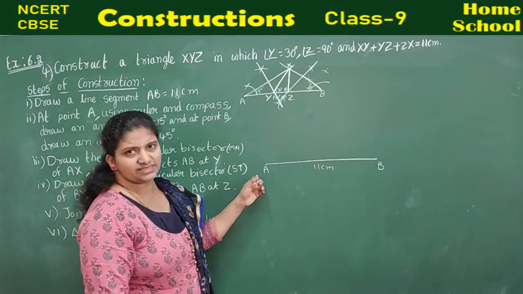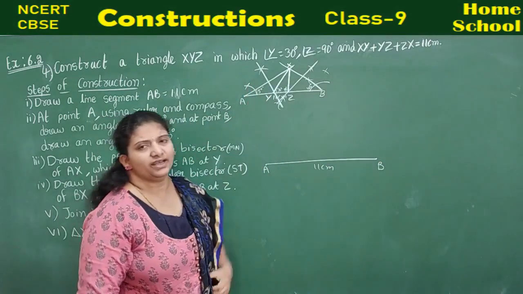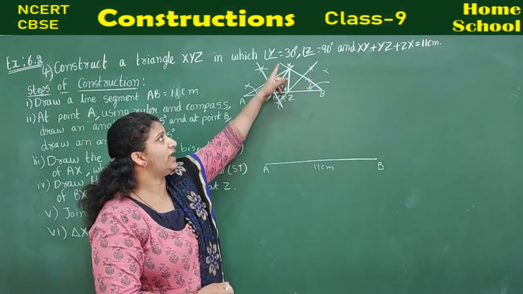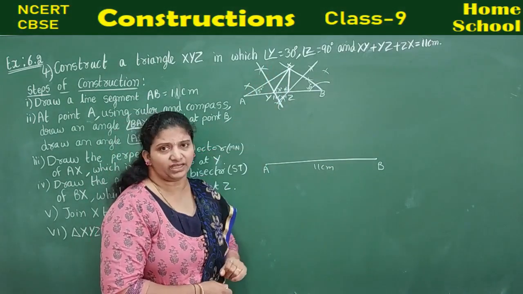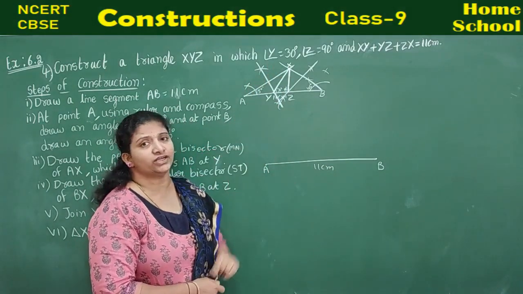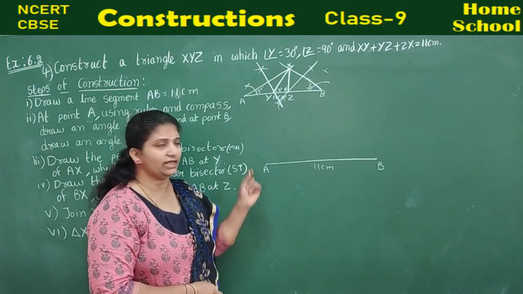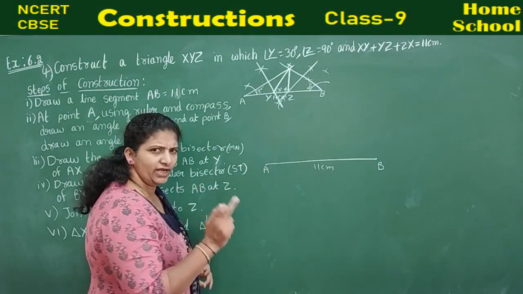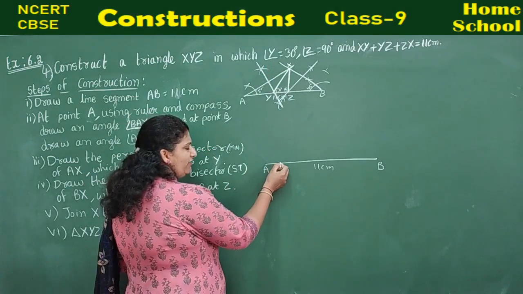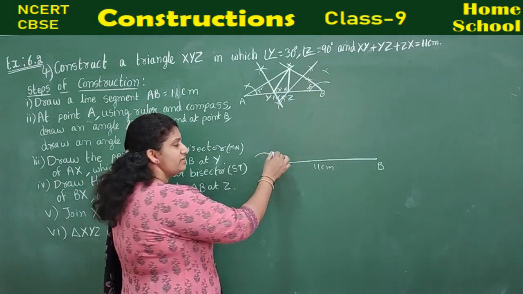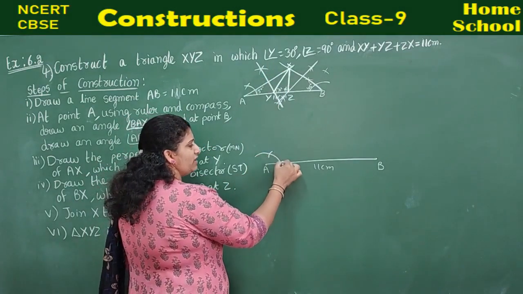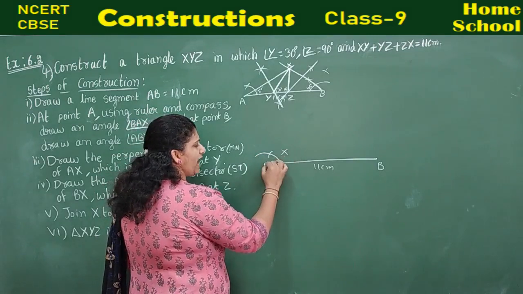With A as a center, 30 degree angle. Angle Y is 30. But you create half of 30, it is 15 degree angle you need to create here. 15 degree angle means more than half. Convenient radius, draw an arc. 60. And again from here to here, more than half.